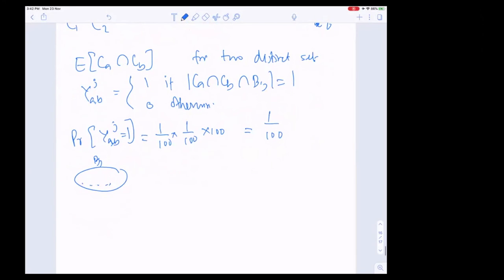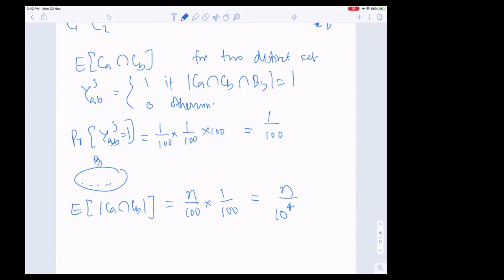So what is the expectation of Ca intersection Cb? By linearity of expectation, it is n over 100 times 1 over 100, which is n over 10 to the power 4.